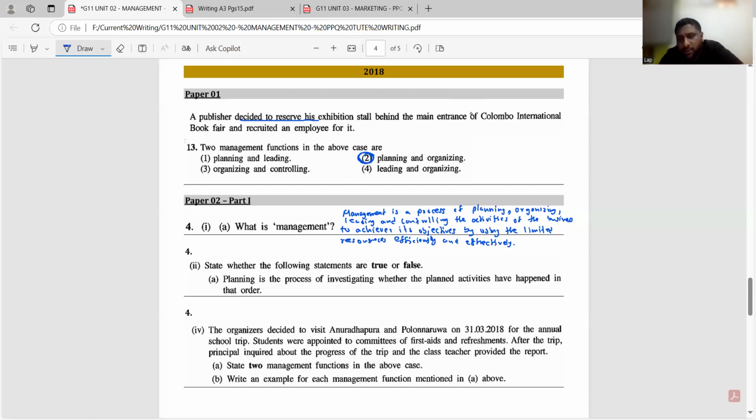Management is a process of planning, organizing, leading, and controlling the activities of the business to achieve its objectives by using the limited resources efficiently and effectively.